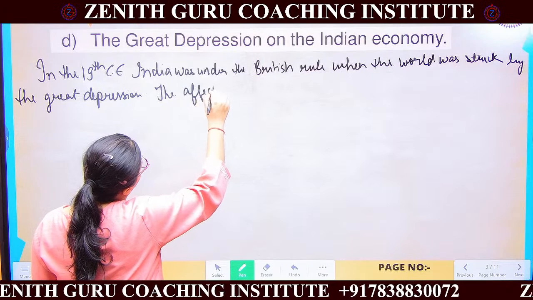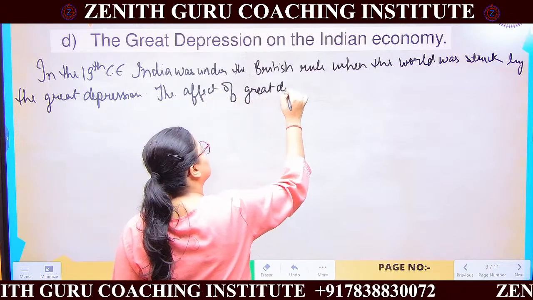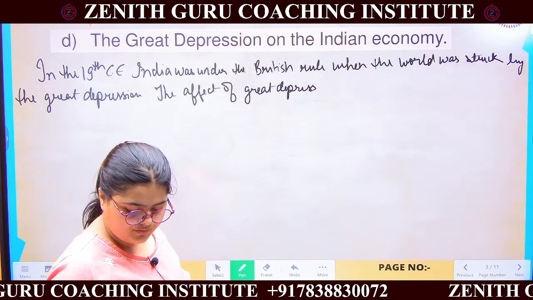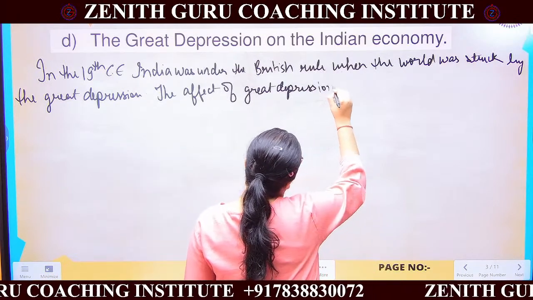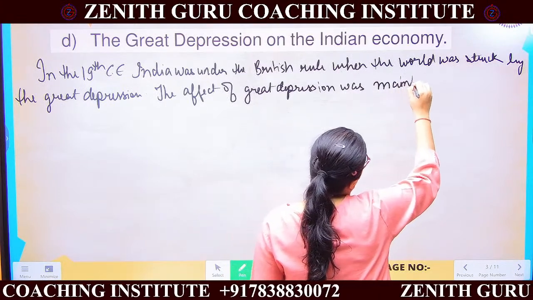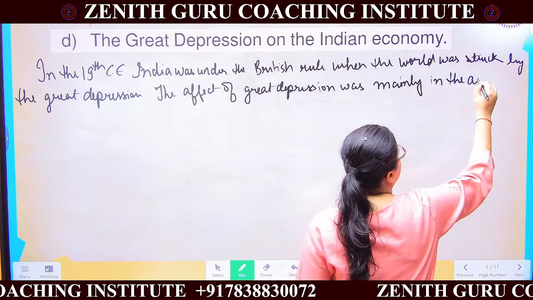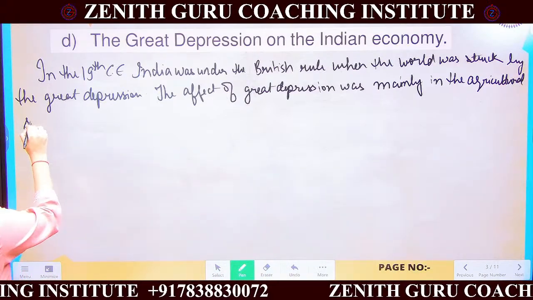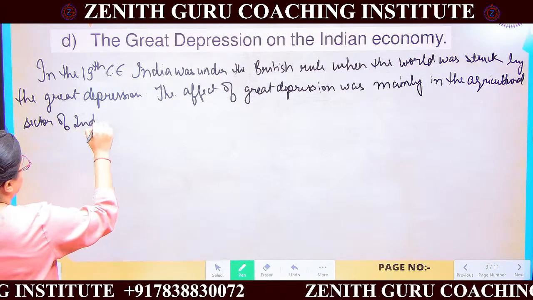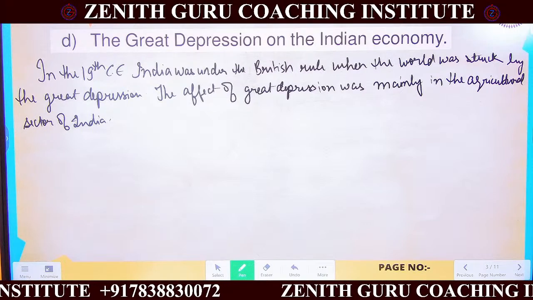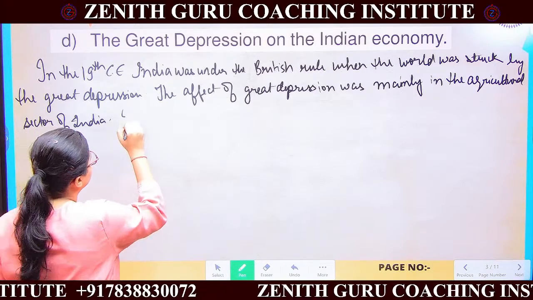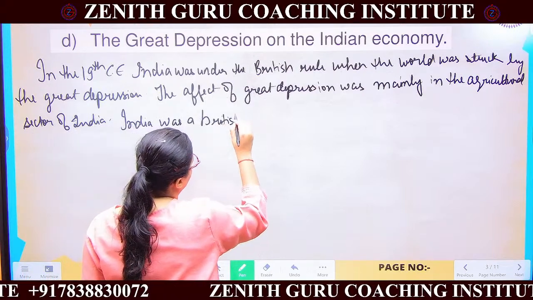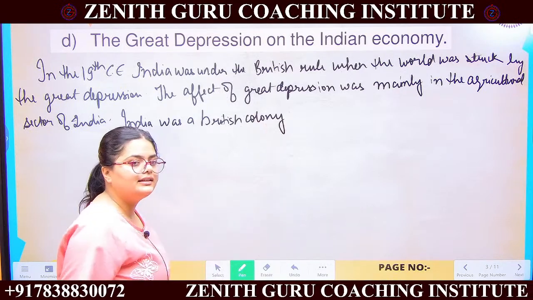The effect of Great Depression was mainly in the agricultural sector of India. ठीक है, इंडिया का जो एग्रीकल्चरल सेक्टर था उसे सबसे ज़्यादा फर्क पड़ा था, ठीक है। India was a British colony back then, right?